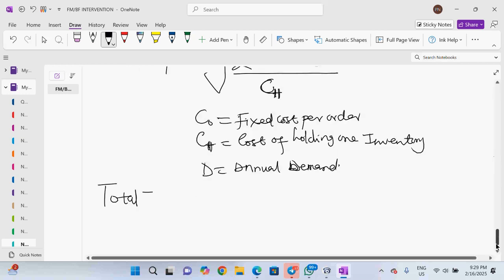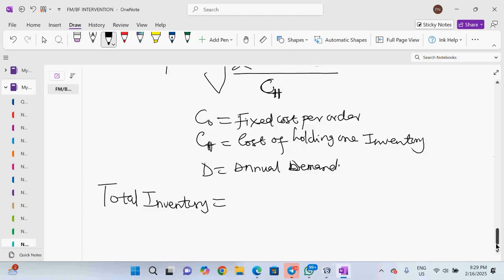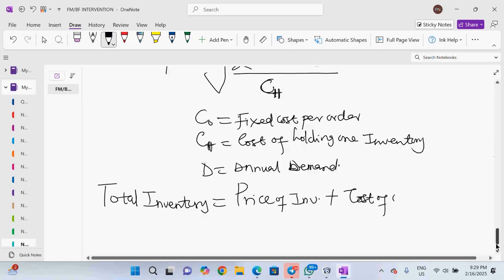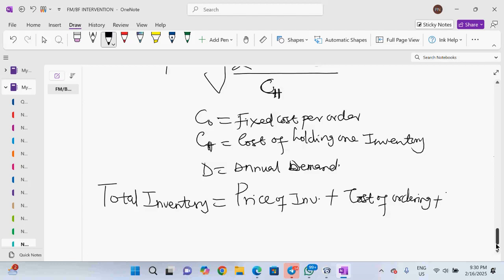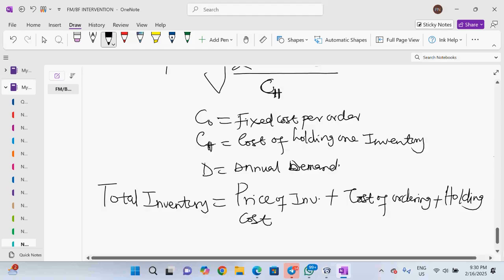So then what is our total cost? Total cost of inventory should be the price of the inventory, plus the cost of ordering, plus the holding cost.